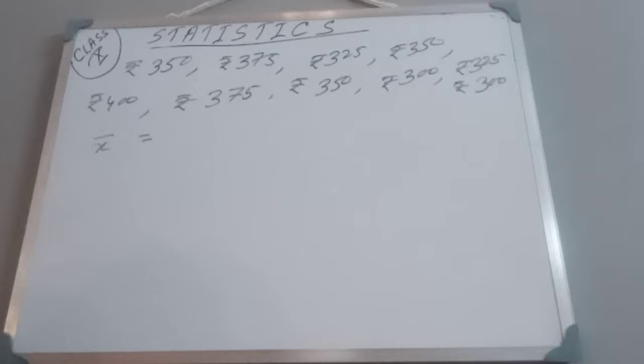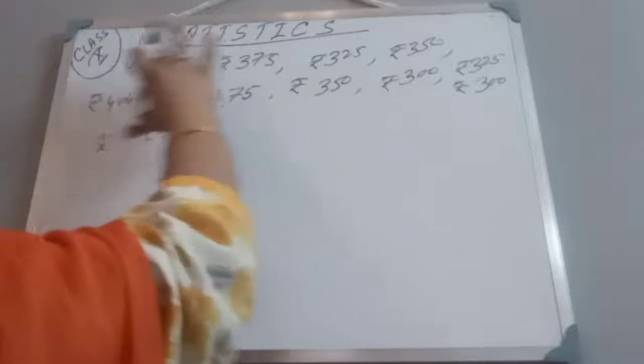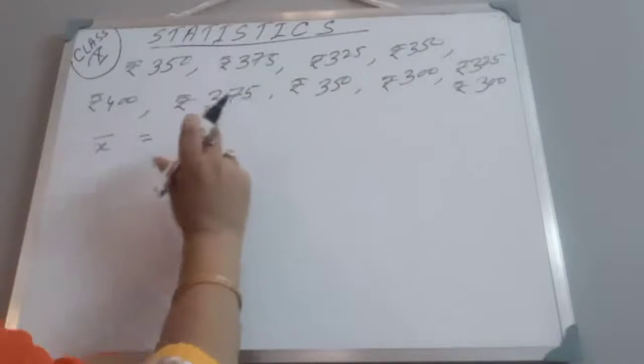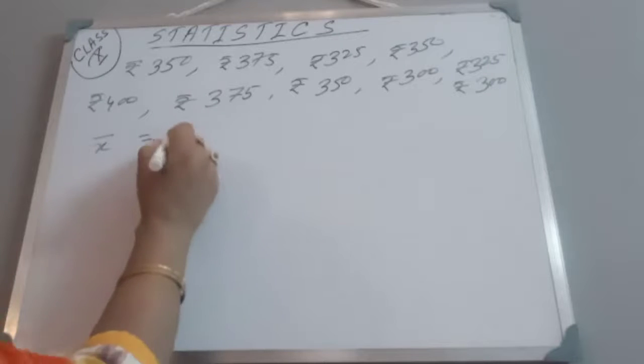Okay, so there are 10 values for earnings for 10 days. This is given for a business. These are the earnings for 10 days, and we can find x bar.